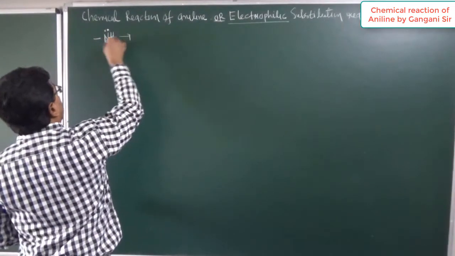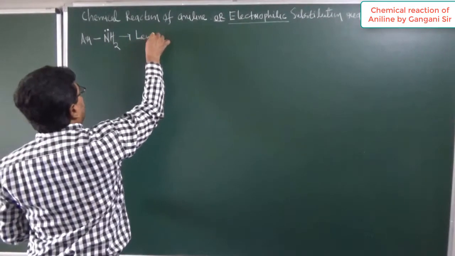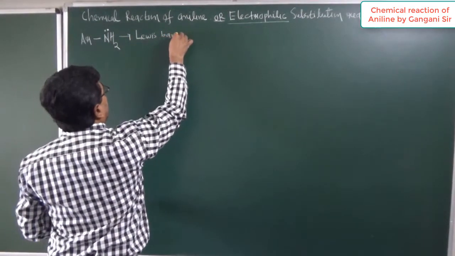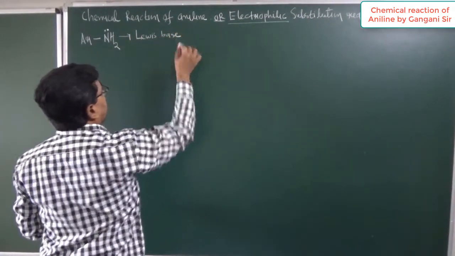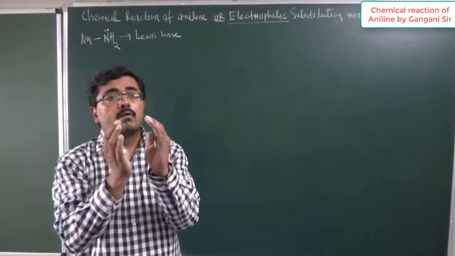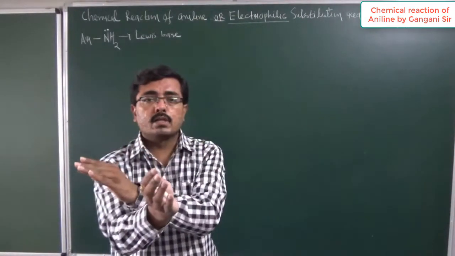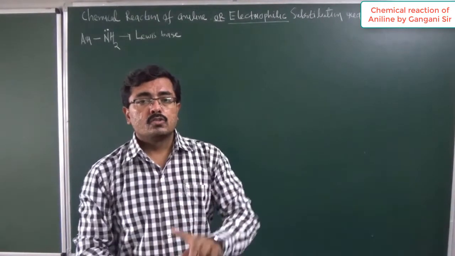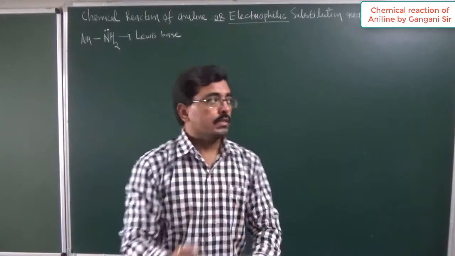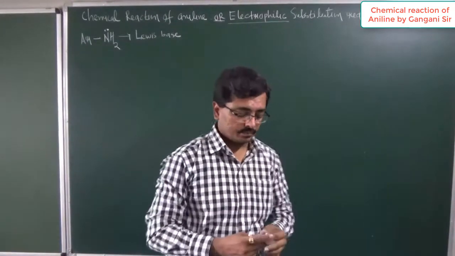So it is observed that aromatic amine is working as a Lewis base, and therefore they are giving us electrophilic substitution reactions. Means one positively charged part is removed from the molecule and another positively charged part will be added. So when electrophile changes, then it is known as electrophilic substitution reaction.